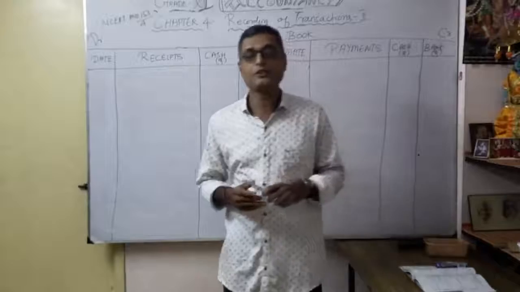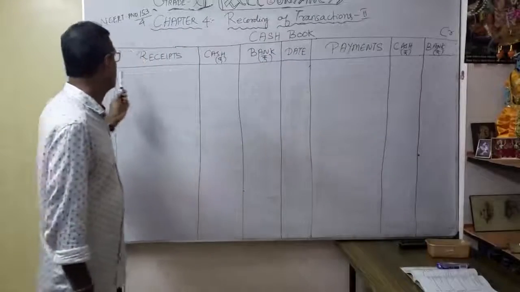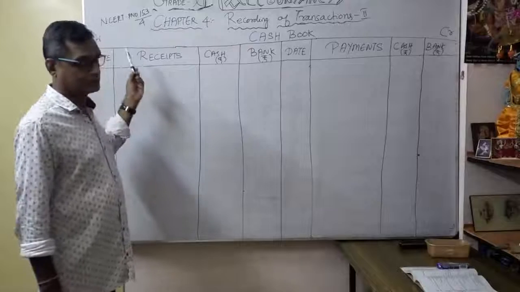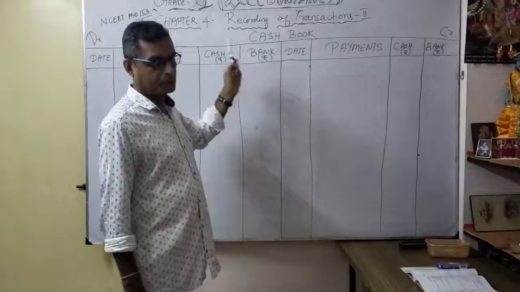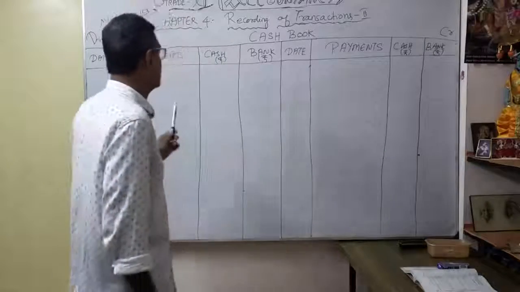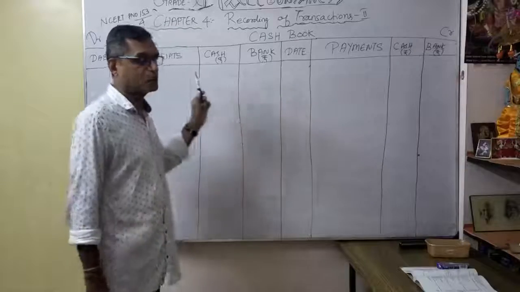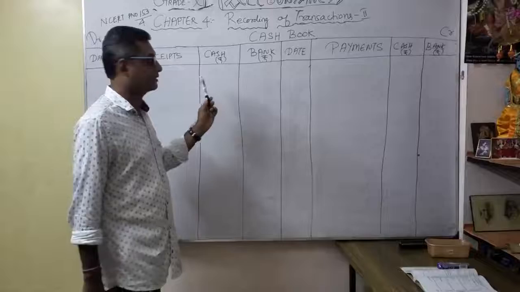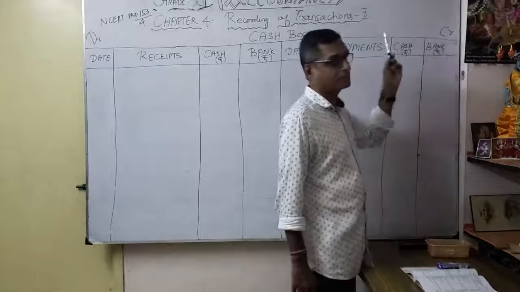Now see, you only know the format. Here, as a cash book, we mention the date, debit side, receipts, then cash and bank columns. Previously we discussed only single column cash book, only cash transactions. Here, cash and bank, that is called double column cash book or two-sided cash book. Then date, payments in cash and bank on the credit side, as you know very well.